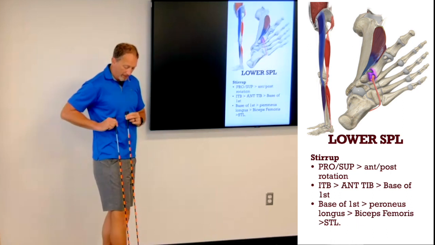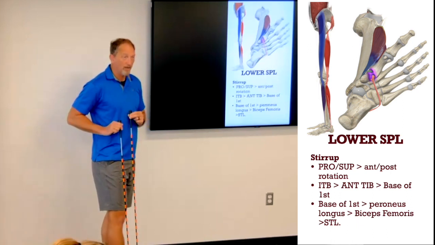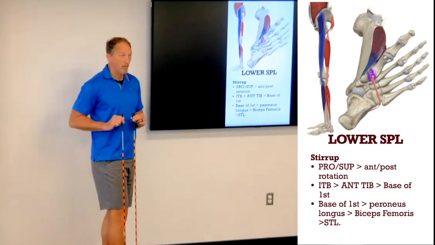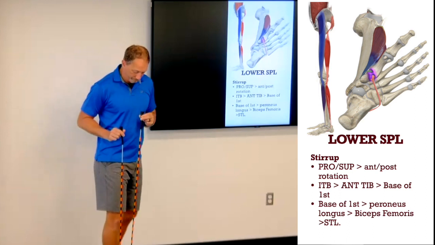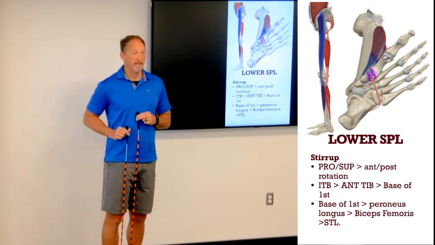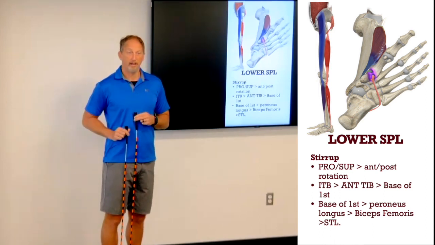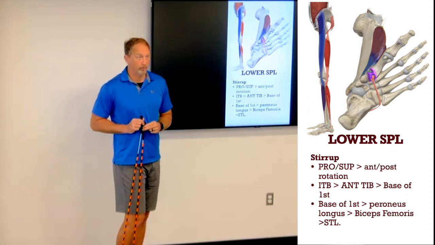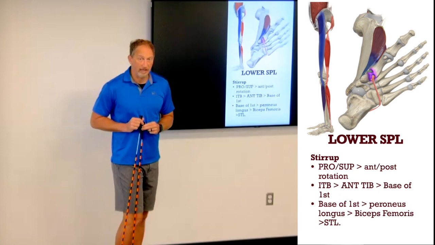So if we think about what that does for whether the foot's inverted or everted, we have to have a strong consideration for that. If my foot's inverted, we now have a very supinated foot. We have a high arch. If my foot's everted, now we're talking pronation, we're talking a valgus collapse.